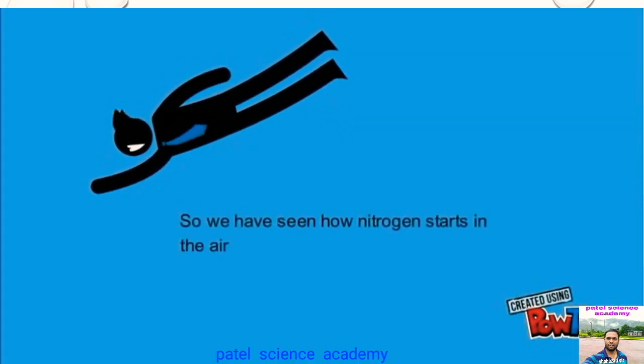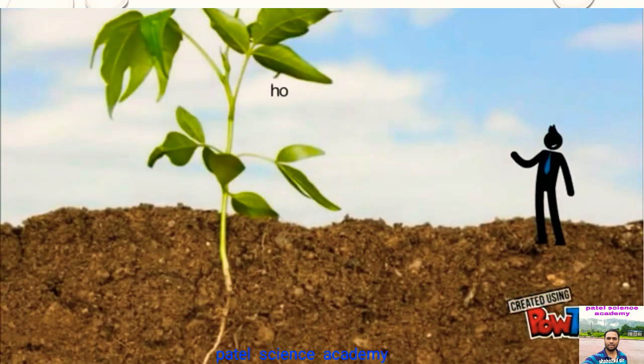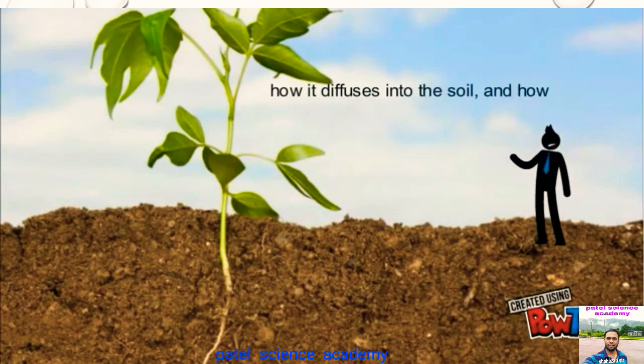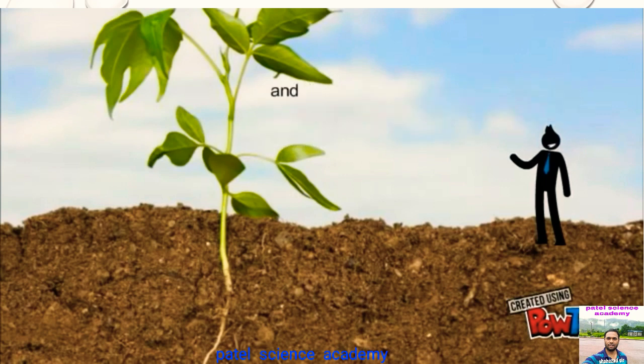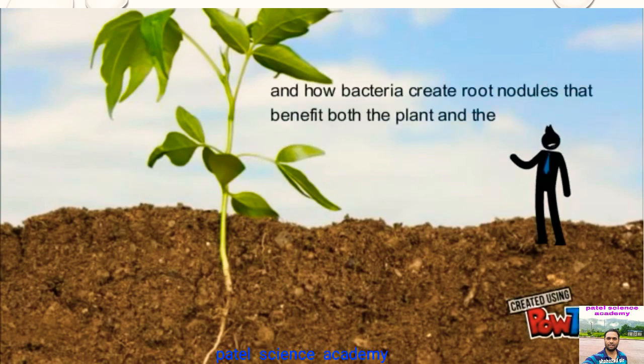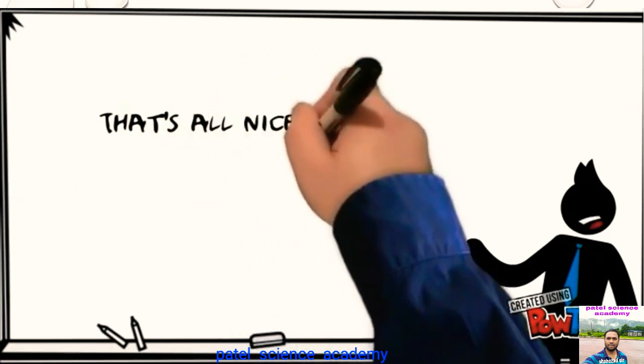So we have seen how nitrogen starts in the air as N2, how it diffuses into the soil, how it is changed into the nitrogen that the plant can use, and how bacteria create root nodules that benefit both the plants and the bacteria. So this is called symbiotic association because both of these organisms benefit.